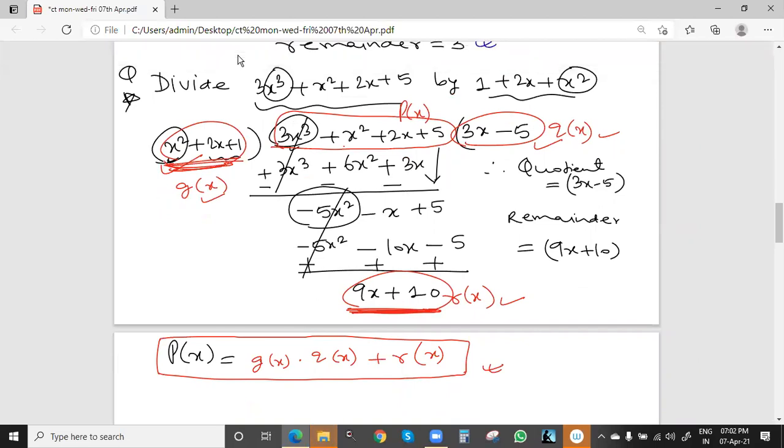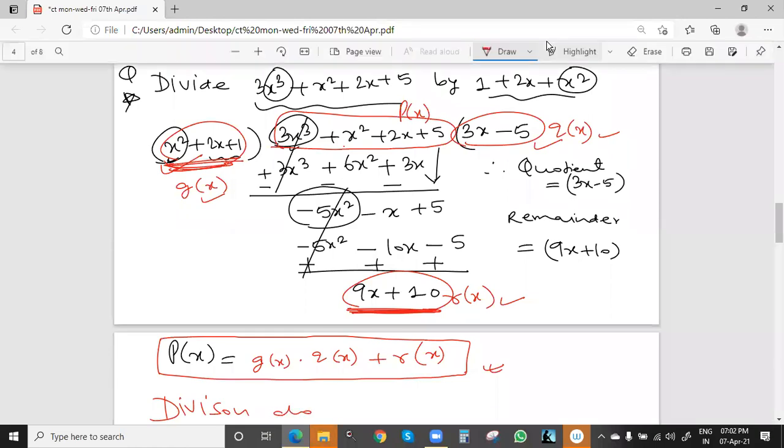This is the rule, and this representation is known as the division algorithm for polynomials, because the divisor, quotient, remainder and dividend are all polynomials.